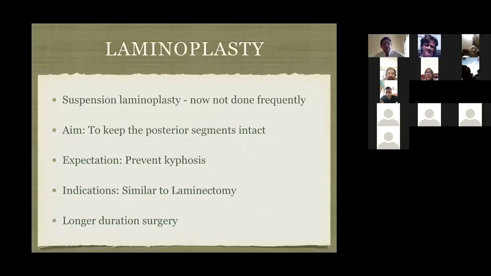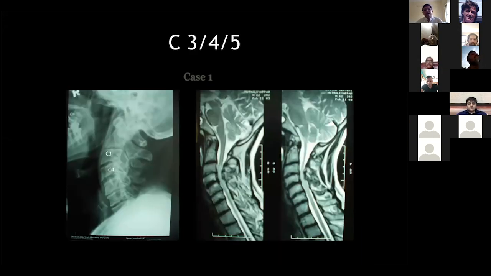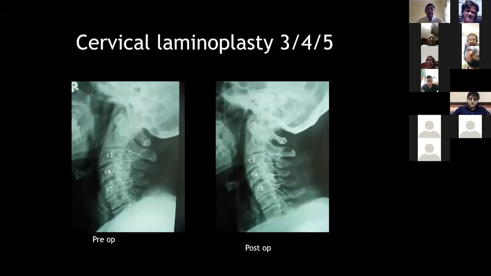I would like to skip suspension laminoplasty, but we have done it thinking that it is going to give that posterior strengthening after decompression. In a few cases, we have done it like this. In C3, C4, you can see here, a good lordosis is maintained. We have just done a decompression from posteriorly, and we are able to increase the canal volume there and give the spinal cord more space.